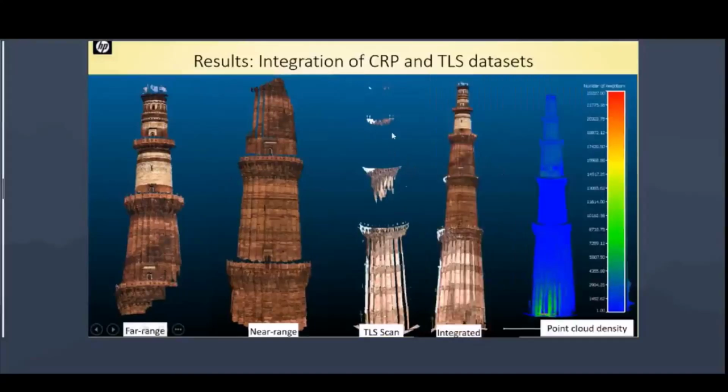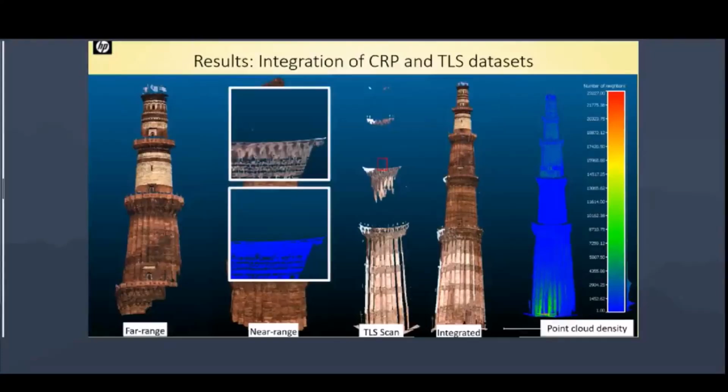After integration of all three data types, you are now able to see that the integrated 3D model gives us a comprehensive, detailed model with enough point density that, after documentation, we would be able to extract even minute cracks or broken parts, as we will show you in the next section.